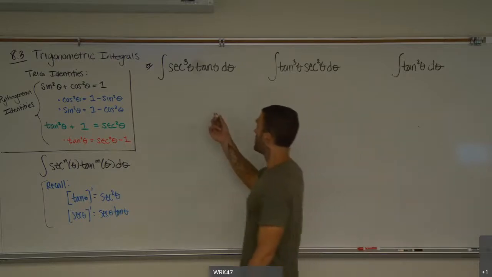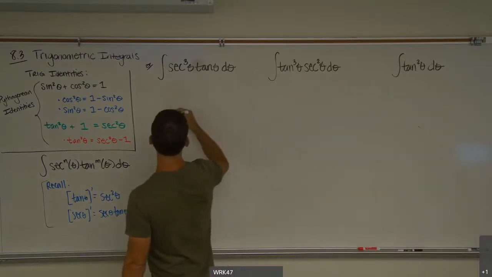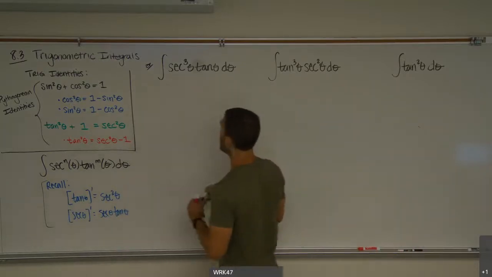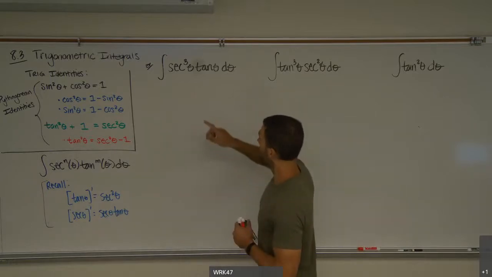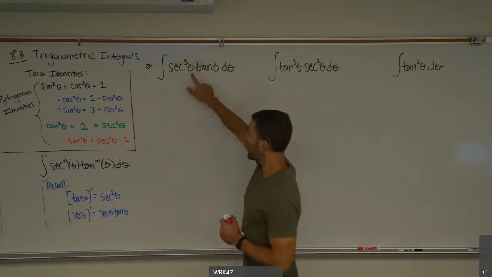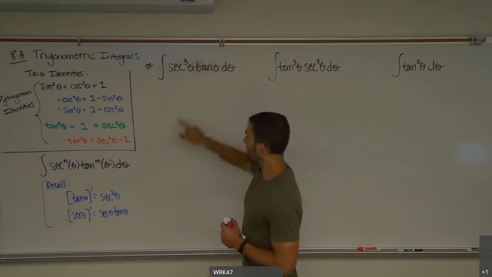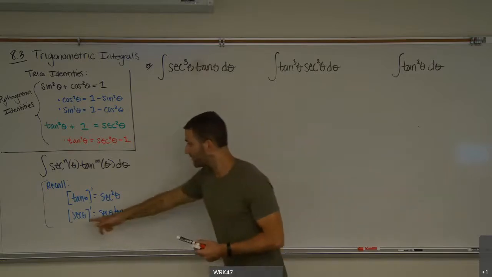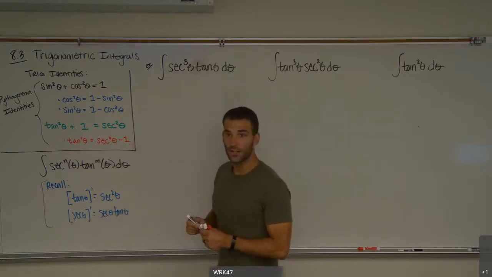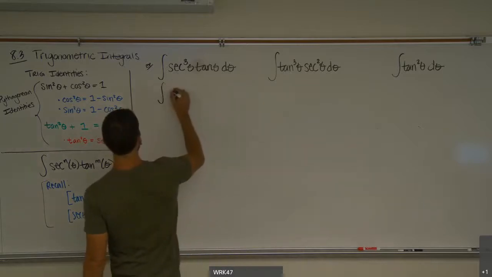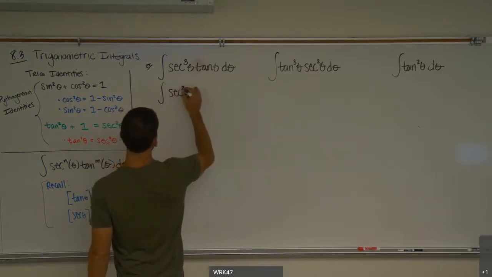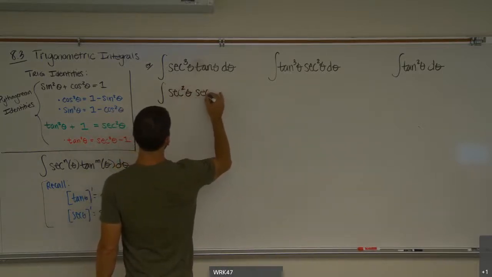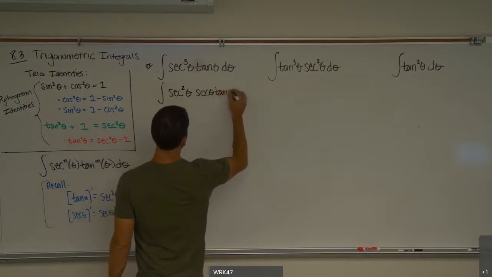In this case, with secant cubed times tangent, I'm going to realize that, hey, wait a minute. If I pull one of the secants away, then I can have a secant tangent isolated, and then the remaining powers of secant I can replace using a u sub. Just like the u sub technique we learned before, I'm going to take away one of those powers of secant and isolate it. Why do I do that?